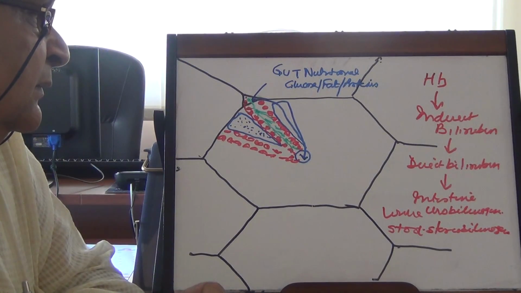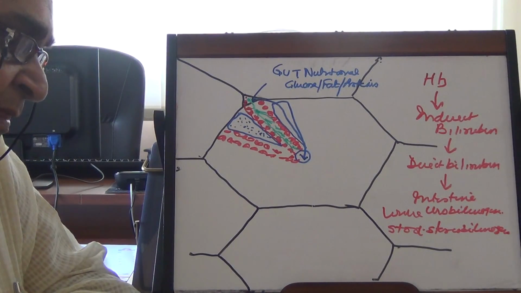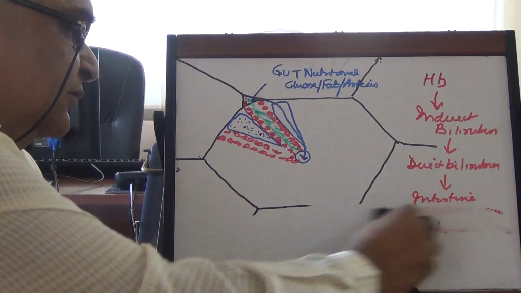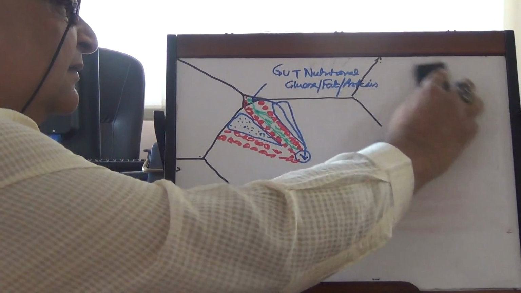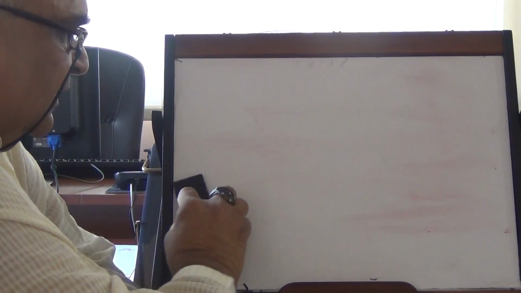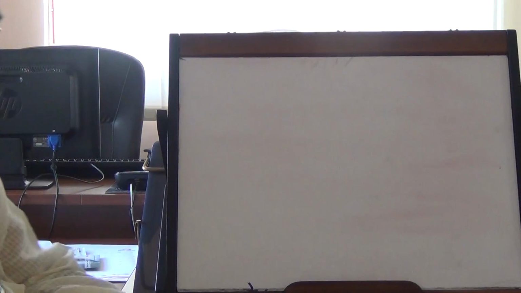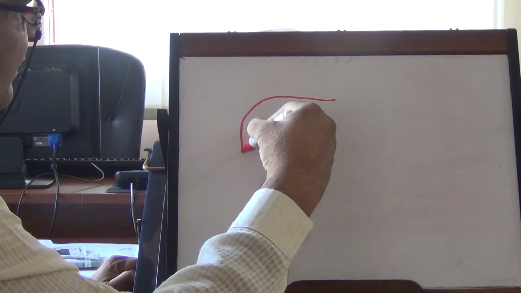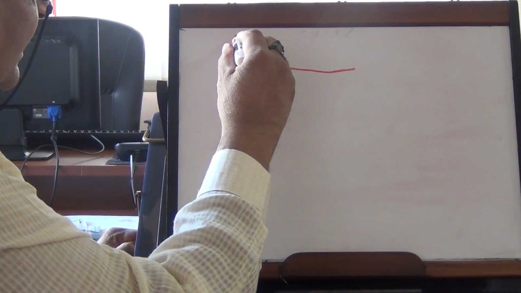So this is the basic structure of the liver, histological structure of the liver, and then we will move on to understanding the gross structure of the liver as to how this liver is supported. And as you know, the liver lies in the right hypochondrium.